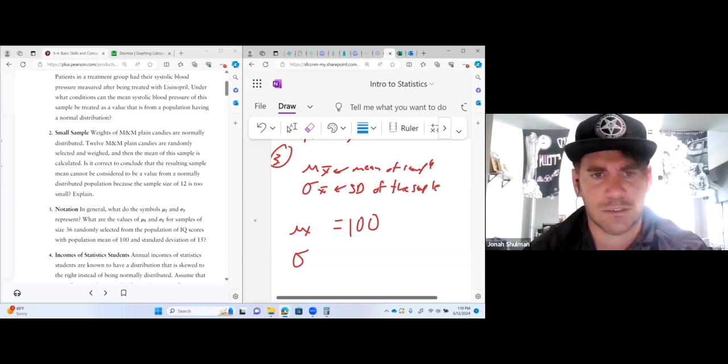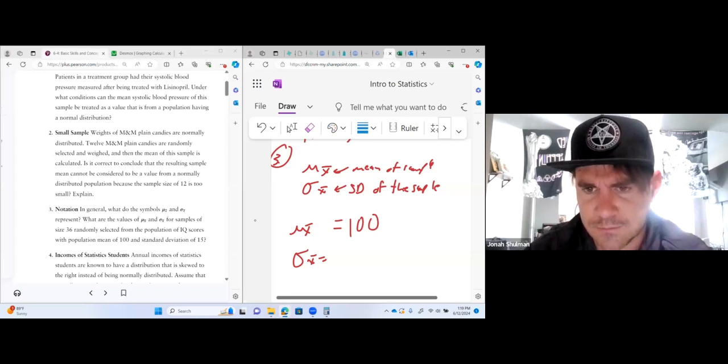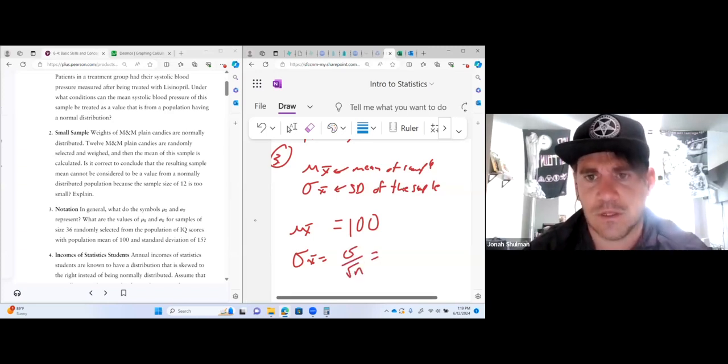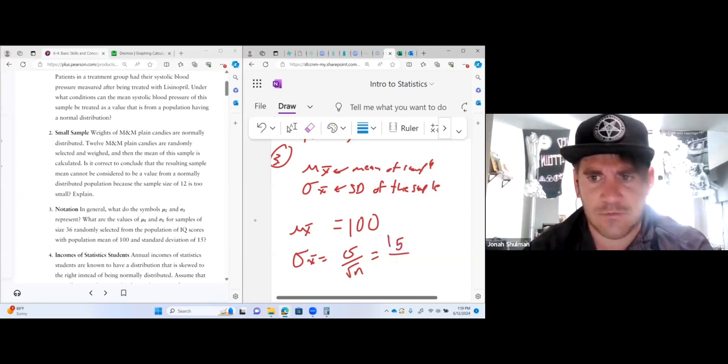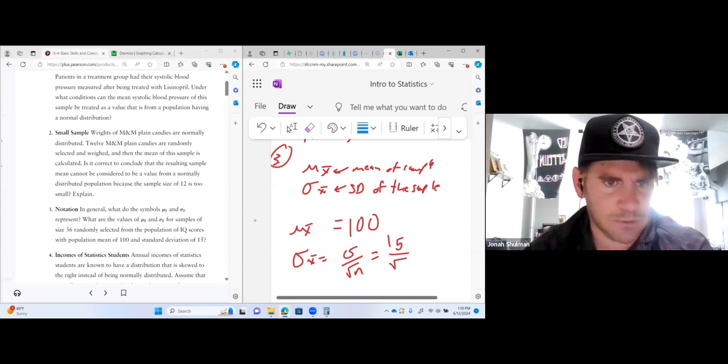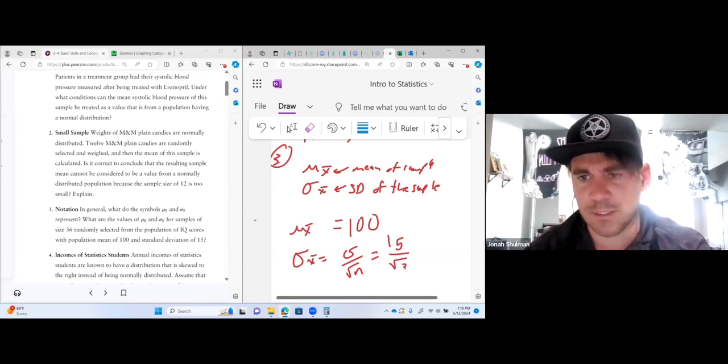Normally we do the standard deviation of the mean, but now we have to take the original standard deviation and divide it by the square root of n. So all we have to do is take what was normally 15 and divide this by the square root of how many people do we have? 36.